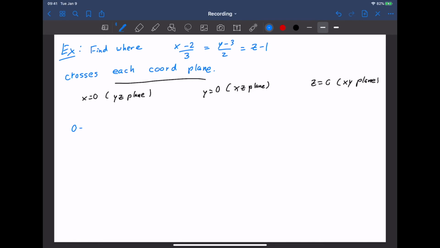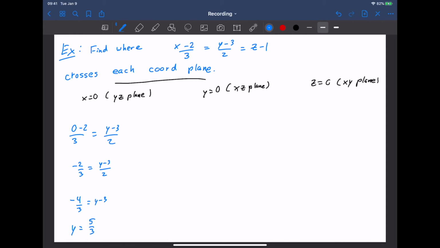And I would get 0 minus 2 over 3 equals y minus 3 over 2. Which is, of course, negative 2/3 equals y minus 3 over 2. Negative 4/3 equals y minus 3. Y equals 5/3.